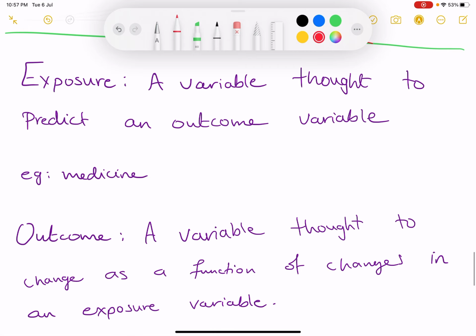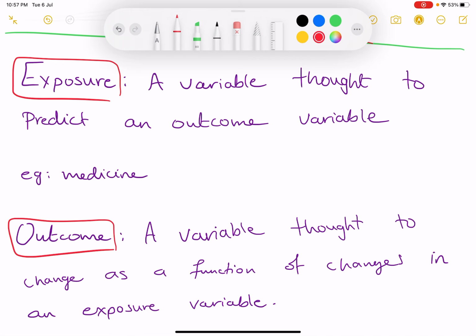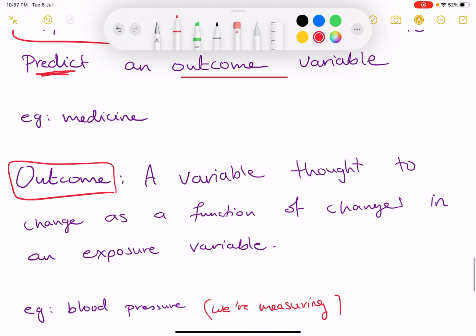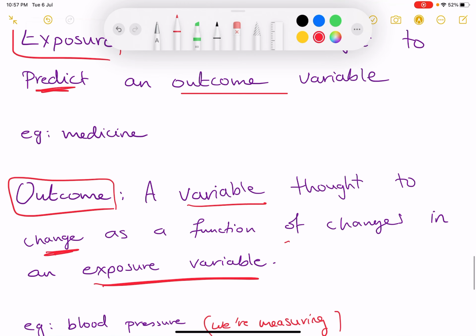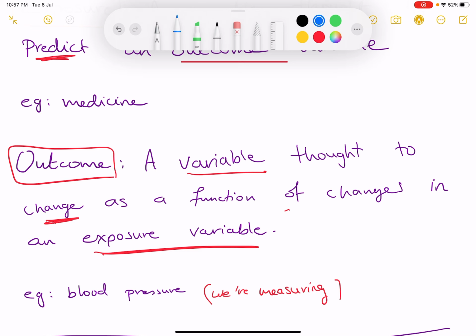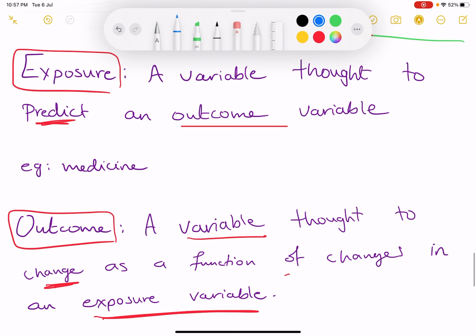Okay, so here are two other very important terms, exposure and outcome. Exposure is a variable thought to predict an outcome variable. And outcome is a variable thought to change as a function of changes in an exposure variable. We're going to look at an example to understand more. Okay, so the exposure, let it be a medicine.